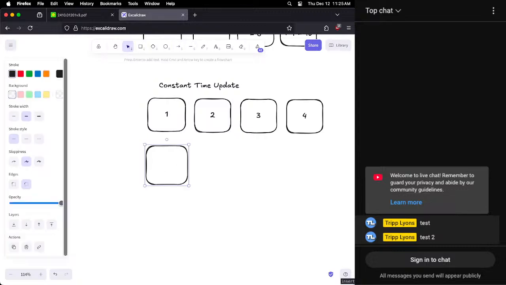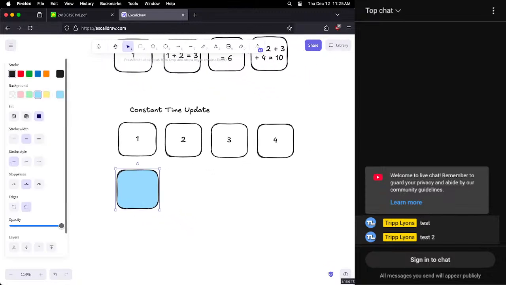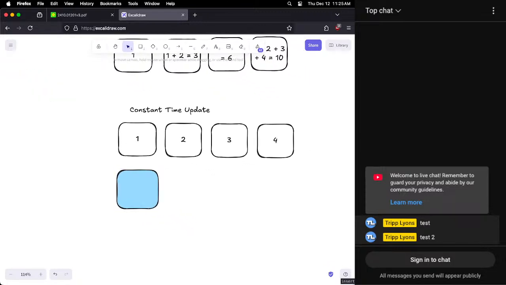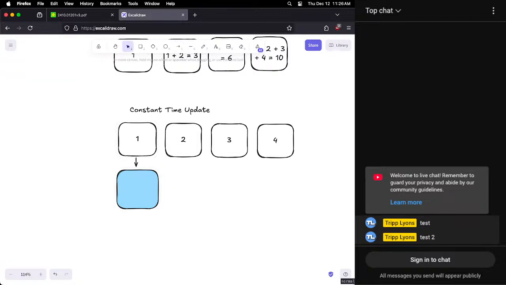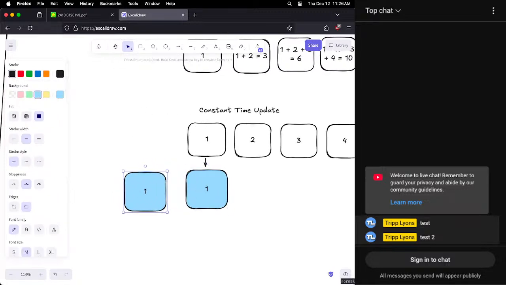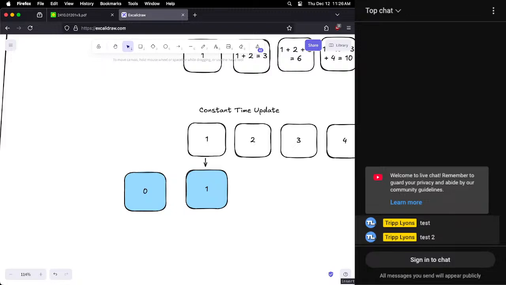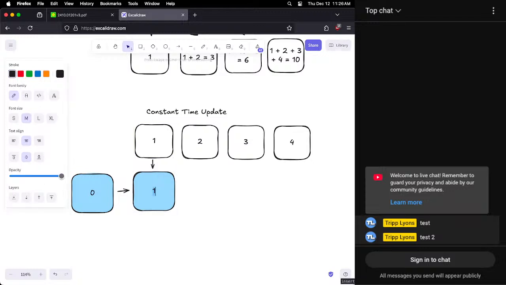So if I could now have hidden states. Let's color these in blue. So here the hidden state would just be the same as the sum, but you could have different numbers than the sum. But so we first say that it starts at 0, and then whenever you see a new number, you add it to your hidden state.